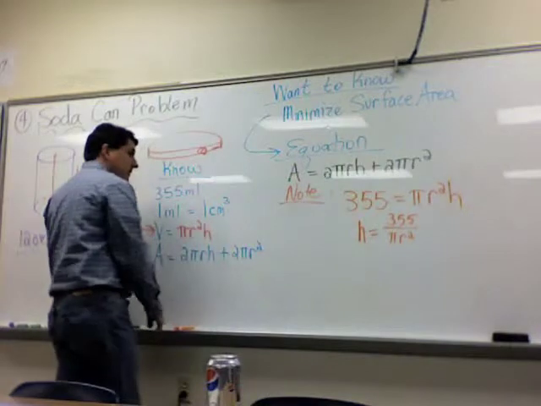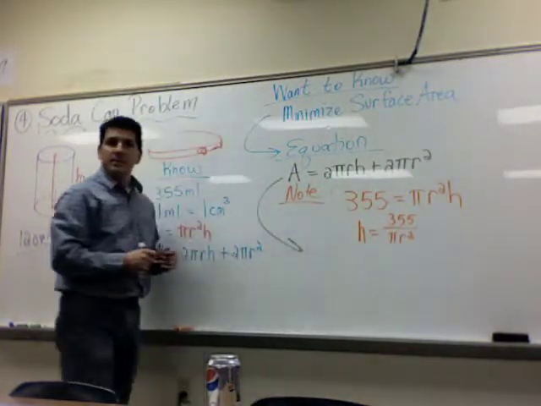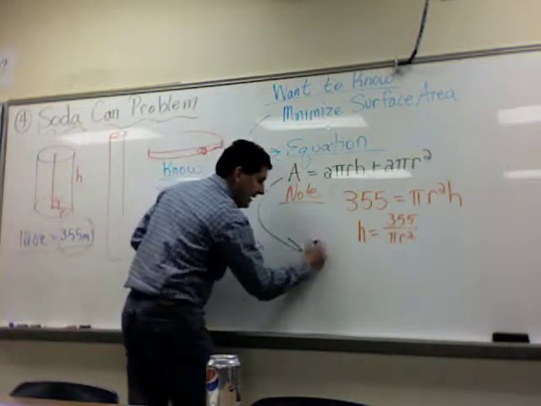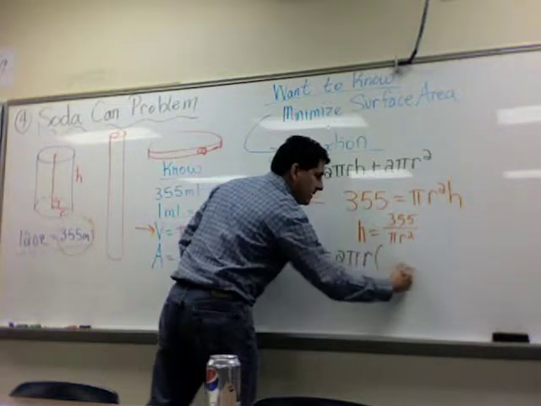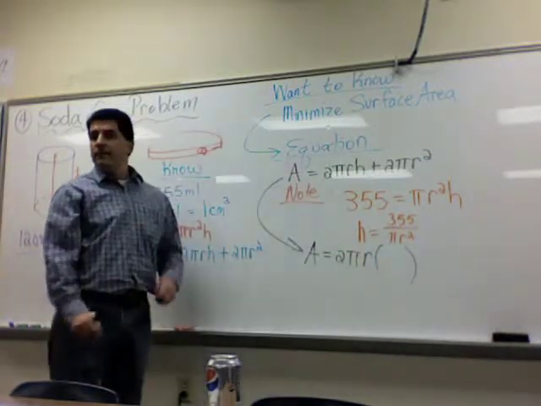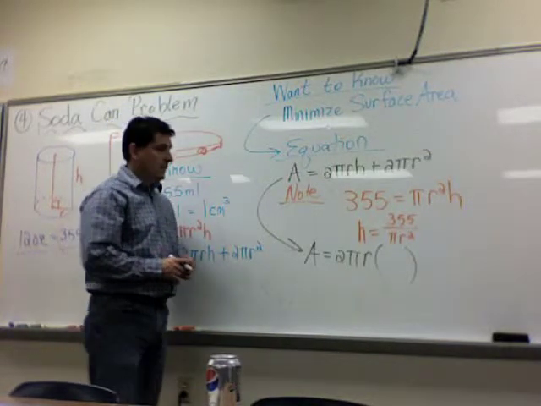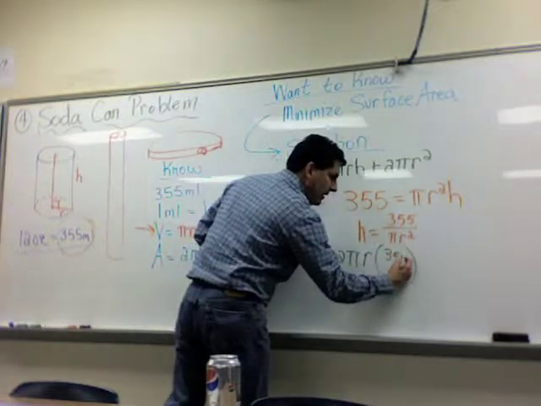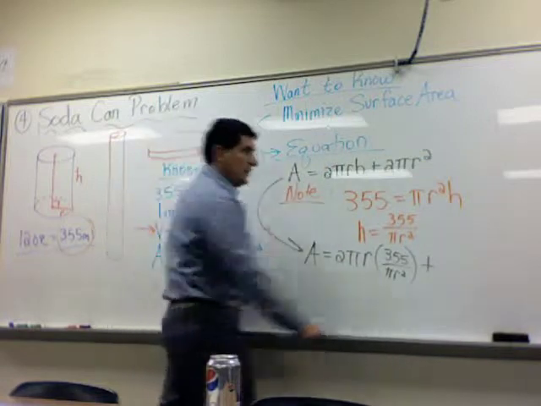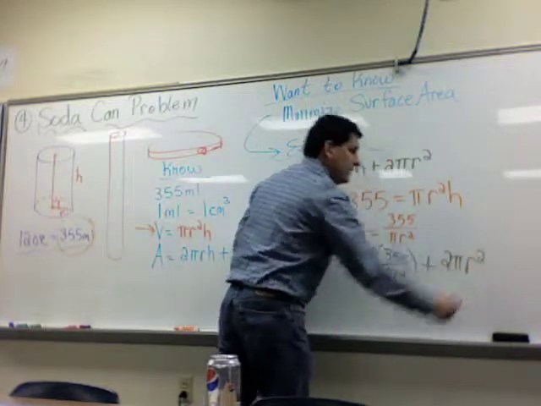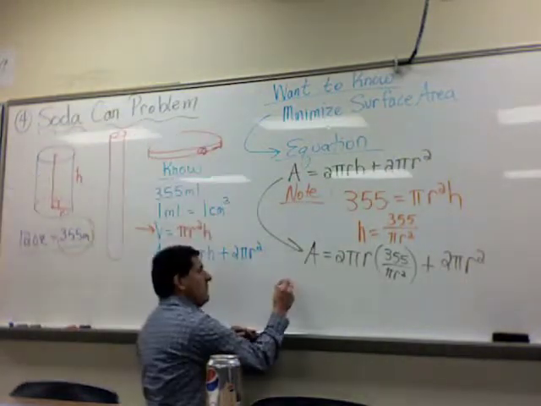Now, this is cool because now, being the coach, we're going to call substitution. And we've got A is equal to 2 pi r times 355 over pi r squared, then plus 2 pi r squared. See that? And then I'm just going to finish this off.